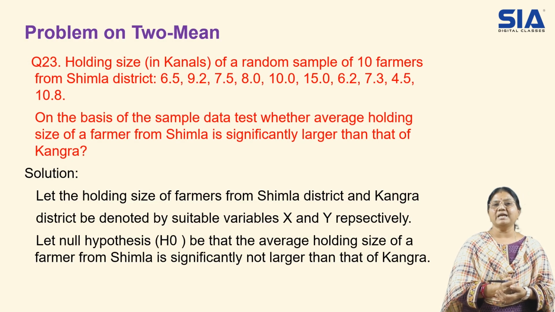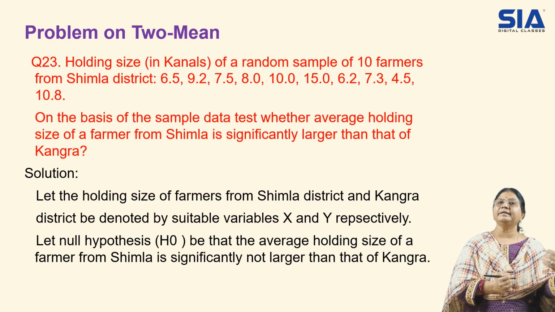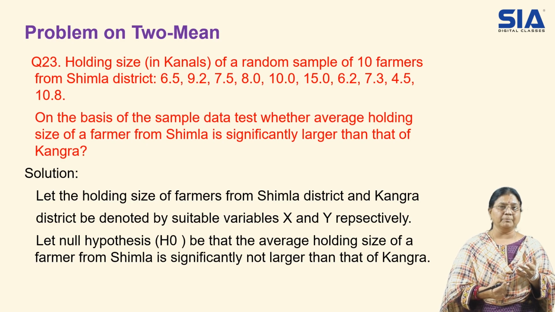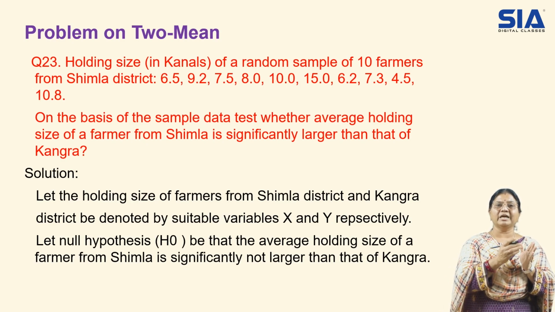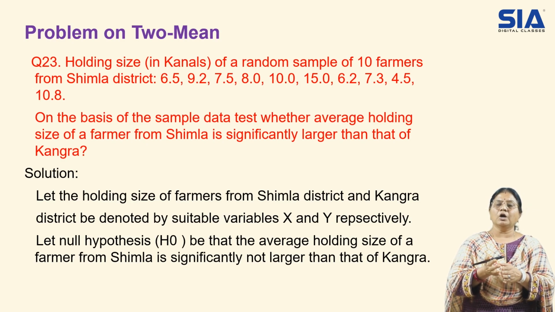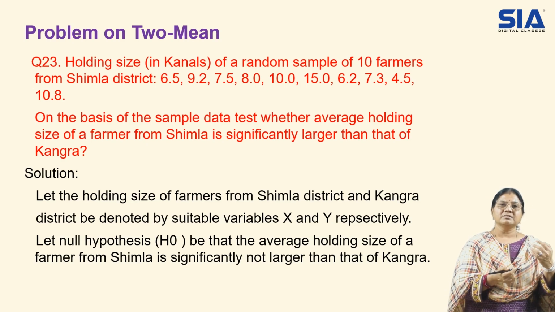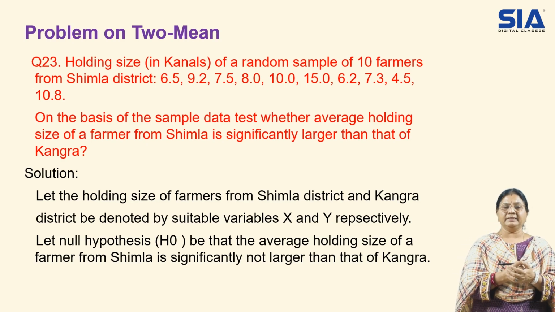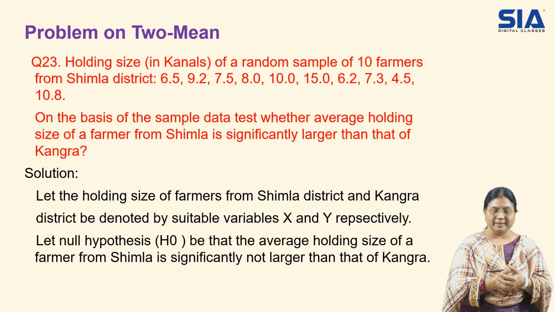Then we try to understand t-test with a problem. As I told you, under t-test there are paired and unpaired tests. Under paired test again you have one mean and two means. Here I am taking a problem related to two means.